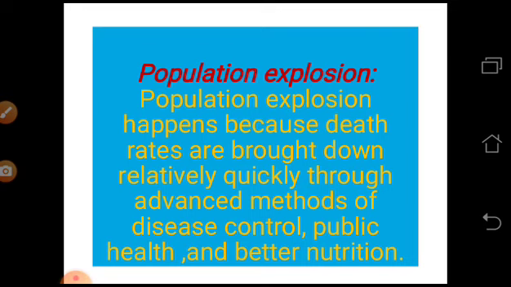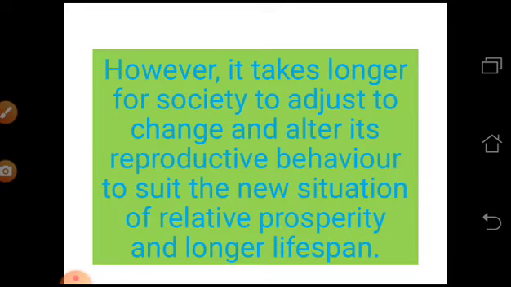They can reduce the death rate very fast because of advanced medical facilities, disease control, public health and better nutrition. That is why the death rate has come down, but the birth rate will take time. If people are not educated and not aware, it will take time to bring down the birth rate, and that is why population explosion occurs in this stage.